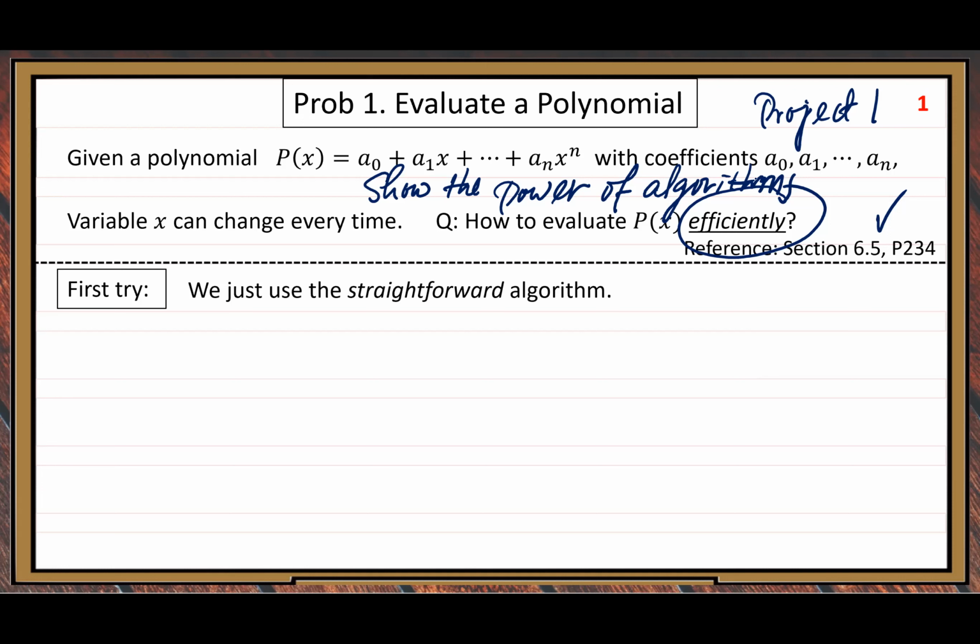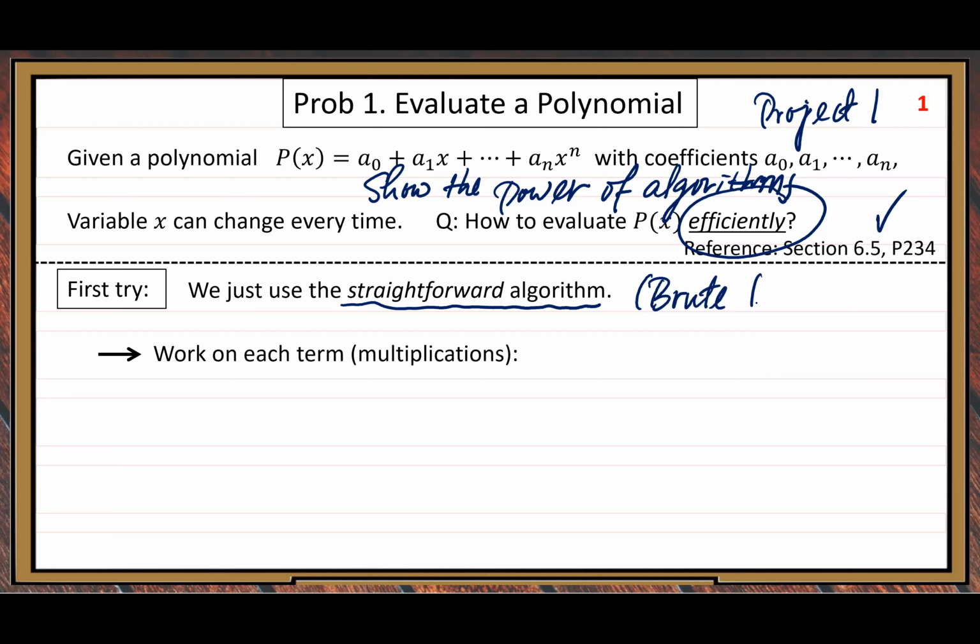We call it the straightforward algorithm. This straightforward algorithm has another name, the brute force method. Later, in our module 3, we will study the brute force method another time. Here, just the first time, we use the brute force method.